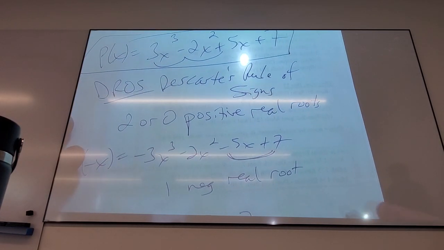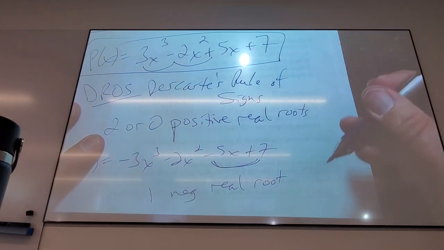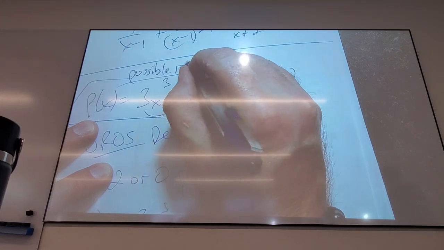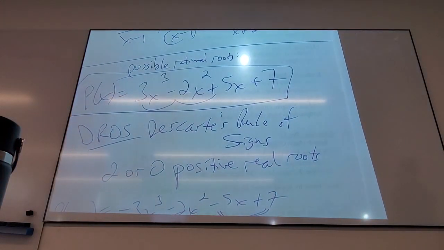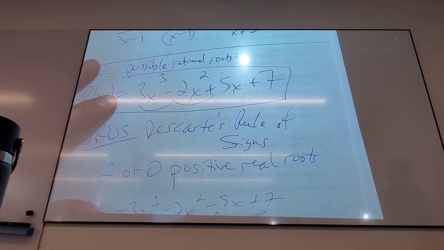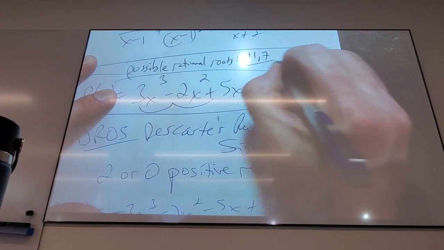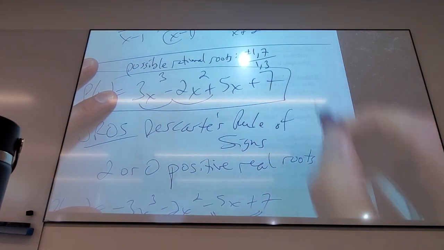So, how do I construct this list? How do I construct it? Factors of 7, divided by factors of 3.